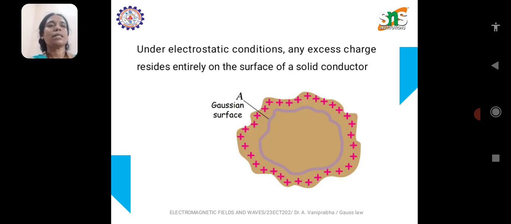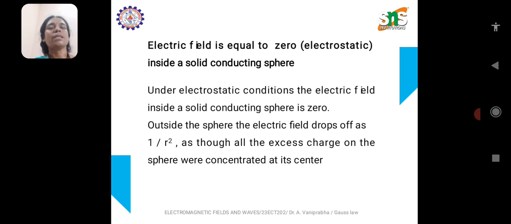Under electrostatic conditions, any excess charge resides entirely on the surface of a solid conductor as shown here. Electric field is always equal to 0 inside a solid conducting surface. There will be a zero field existing inside the solid conducting surface. Under electrostatic conditions, the electric field inside the solid conducting sphere is 0.